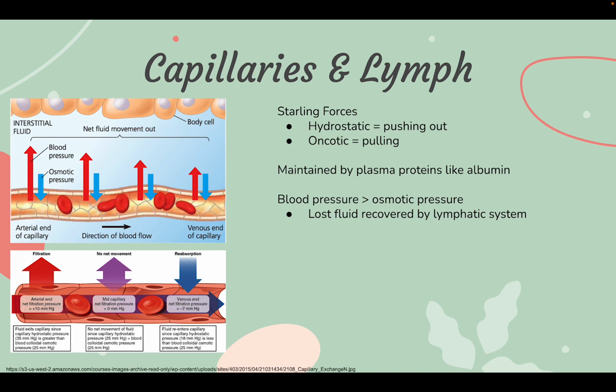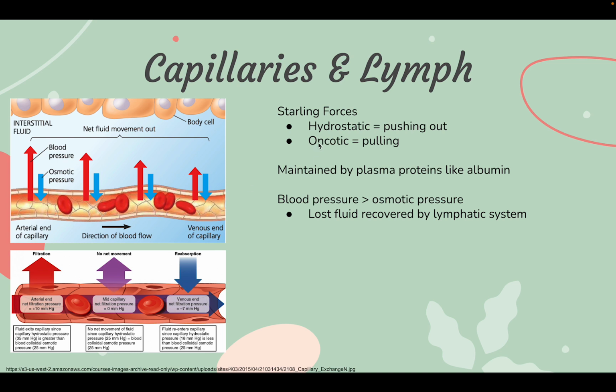In your capillaries, you have what we call Starling forces. There's a hydrostatic force or pressure, which is like the pushing out pressure, and then oncotic, which is like the pulling in, or sometimes it's called osmotic. Essentially, our hydrostatic pressure within our capillaries is going to be our blood pressure.